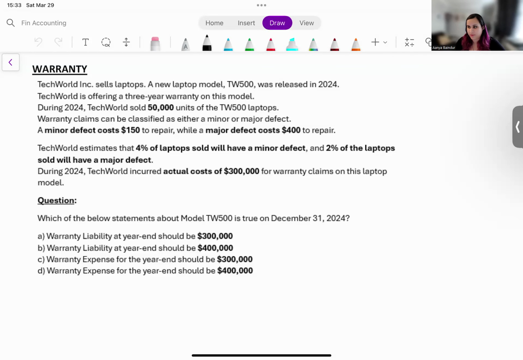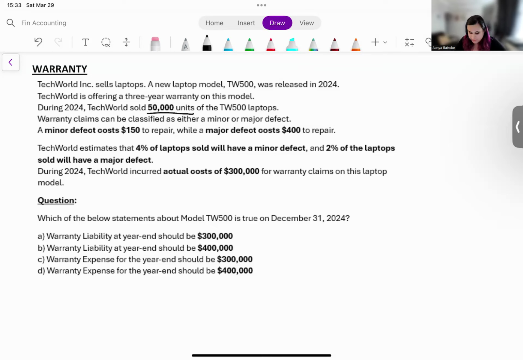So we're starting off with a warranty question to begin with. This is a sample question. This company sells laptops and they sold 50,000 units of this laptop. And there are two kinds of warranty claims.